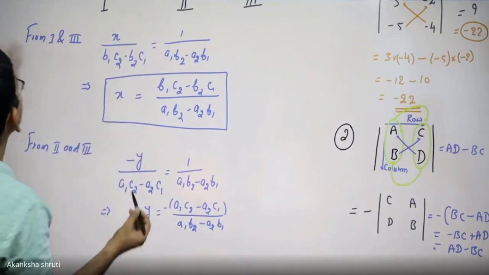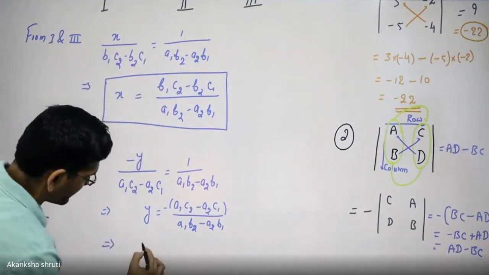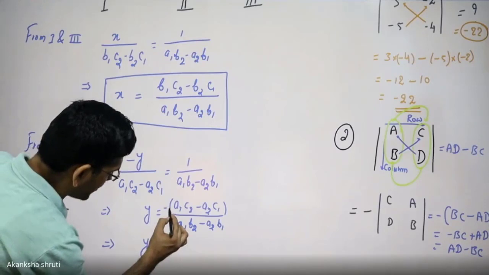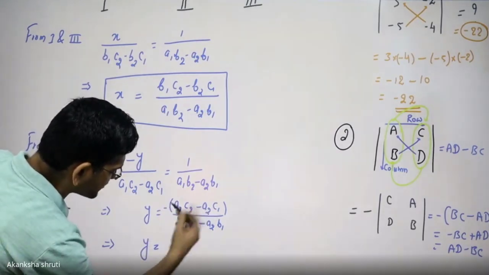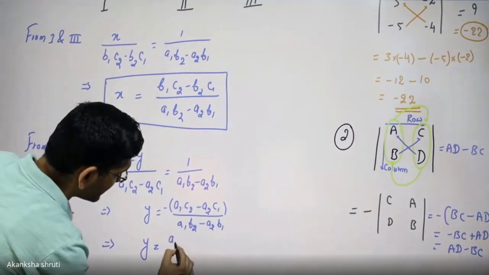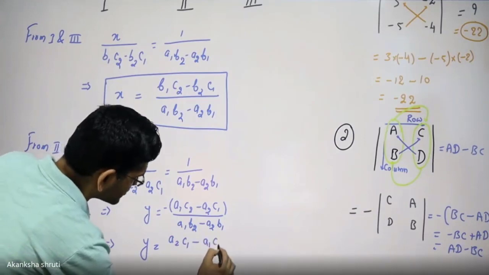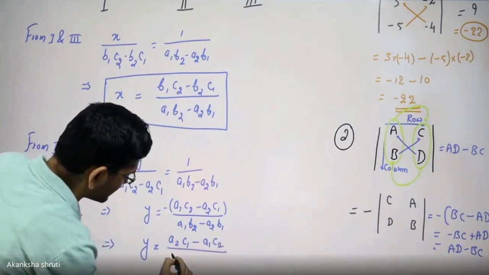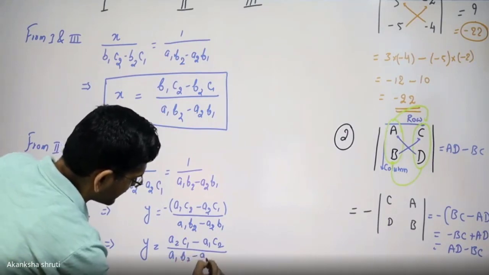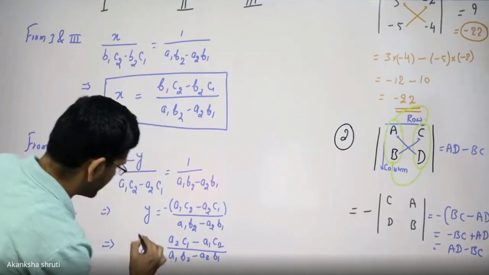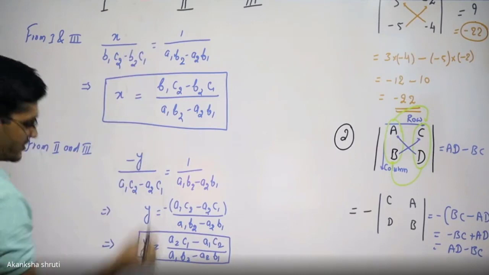Removing this, it will turn into our y as, absorbing this minus sign here, this A2C1 becomes positive, so let us write that first, A2C1 minus A1C2 divided by A1B2 minus A2B1. This is how the value of y can be determined.